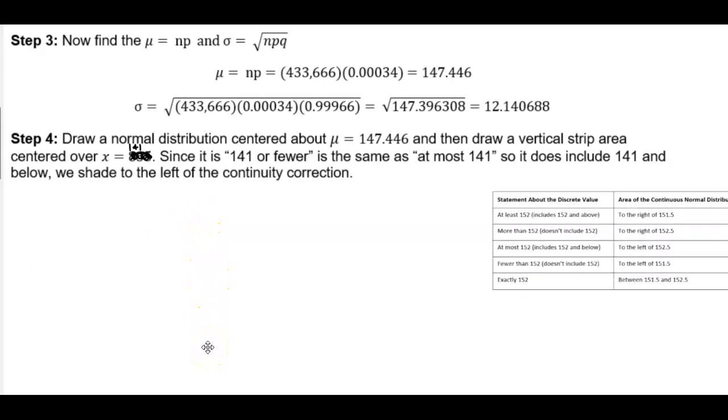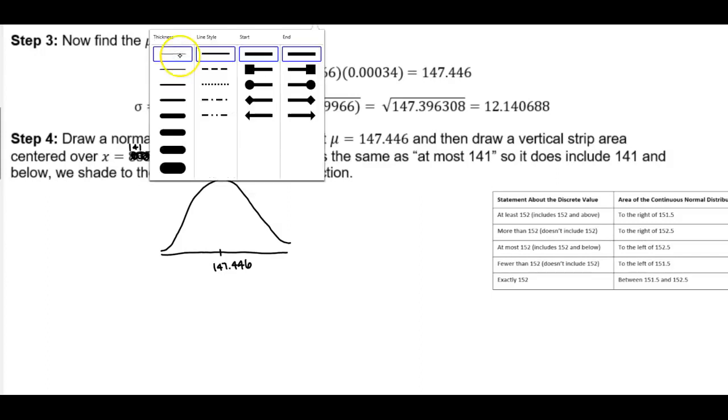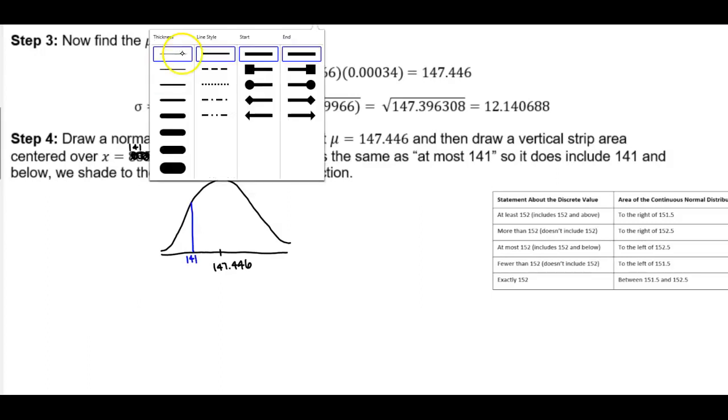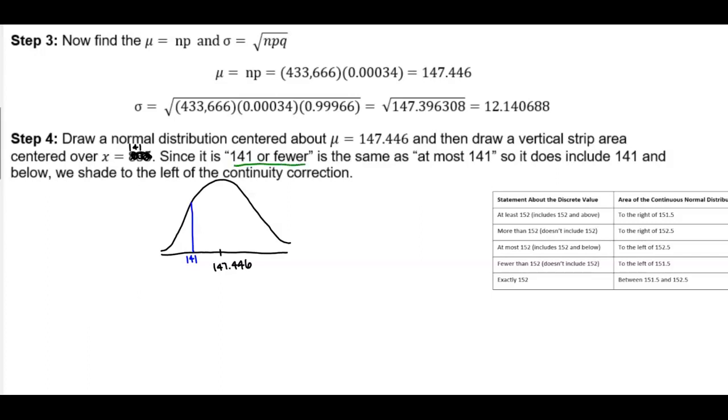So let's go ahead and draw our bell curve. We know that the mean again is 147.446, and the value that we want to draw is at 141, which is to the left of this. Since it is 141 or fewer, it's the same thing as at most 141.